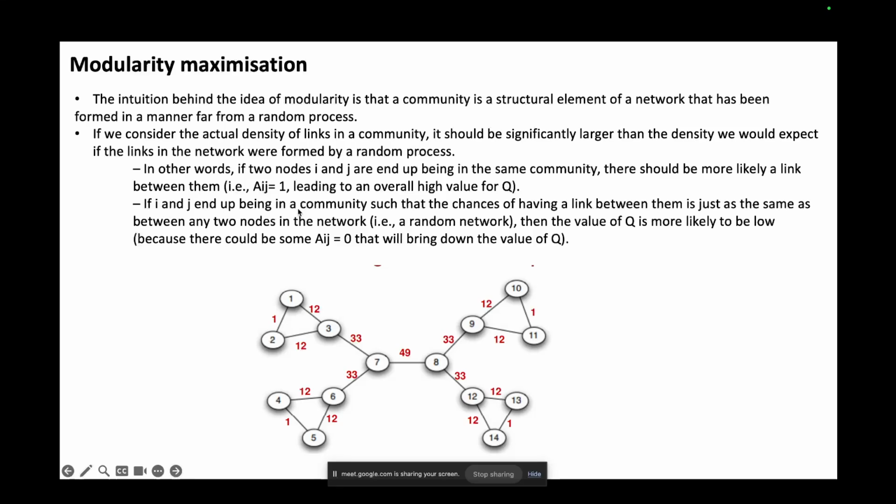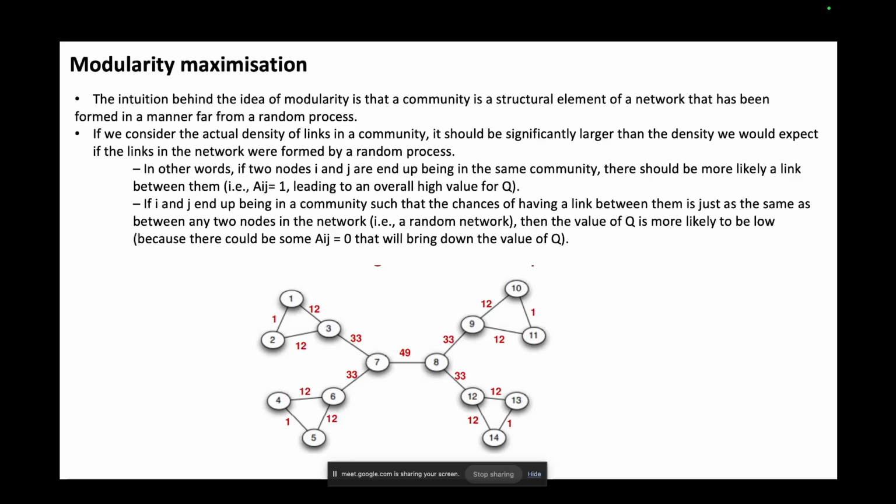And if i and j, the two nodes in a community, have the same chance of a link between them as any two nodes in the network, that is, in a random case, then the value of Q is more likely to be low, because in some random processes there might not be connections between i and j. So if there is a connection between i and j, and they're in the same community, there is a reason behind that connection.